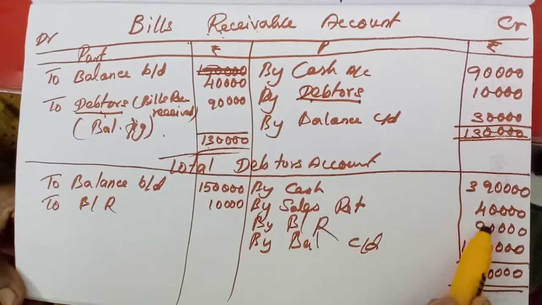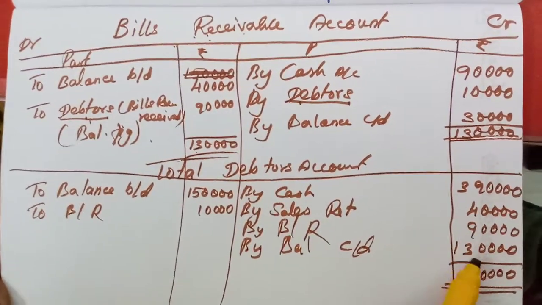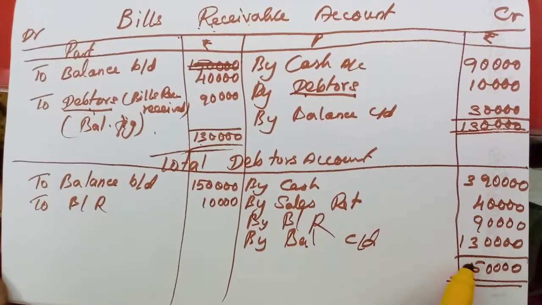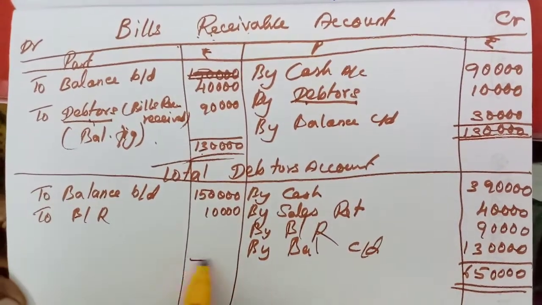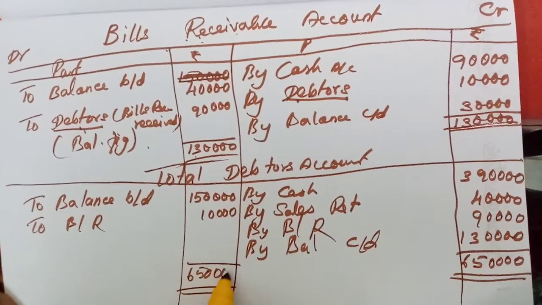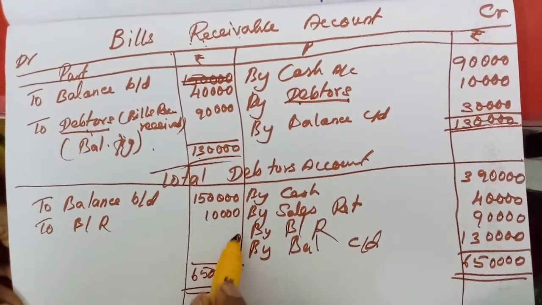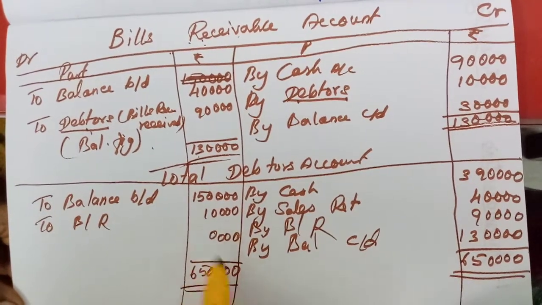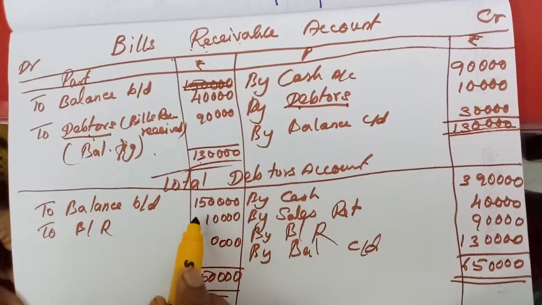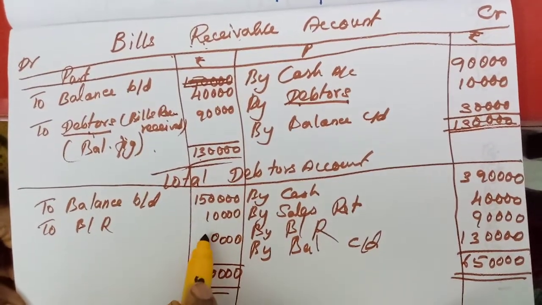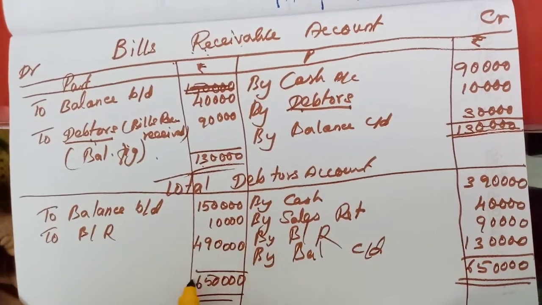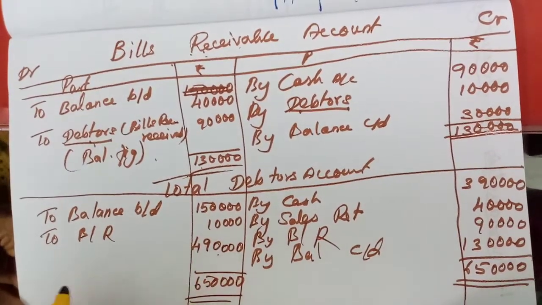Then 9, 13, 22, 25. Balance 2, 5 plus 1, 6. So 6,50,000. Write the same amount here, 6,50,000. Then balance 2, 3, 4, 0. Here 5, 6, 6 plus 9, 15, balance 1, 2, 2 plus 4, 6, so 4,90,000.